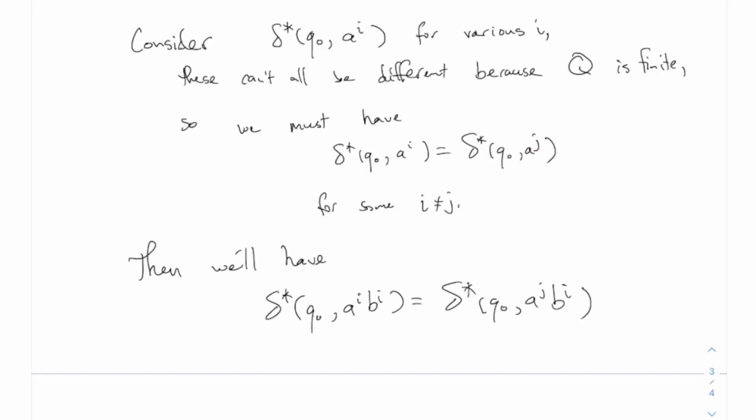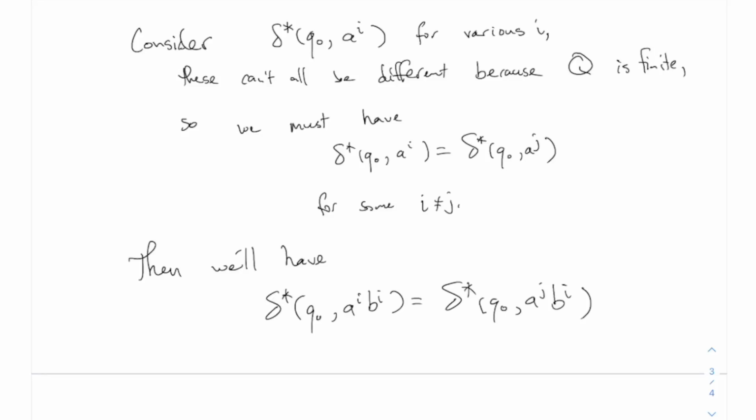And if you immediately follow both of those with B to the I, I'm doing I both times here, then they still end up at the same place because they were at the same place after you did the A part, and then you're doing the same stuff after that. They still are going to end up at the same place after that. All right?